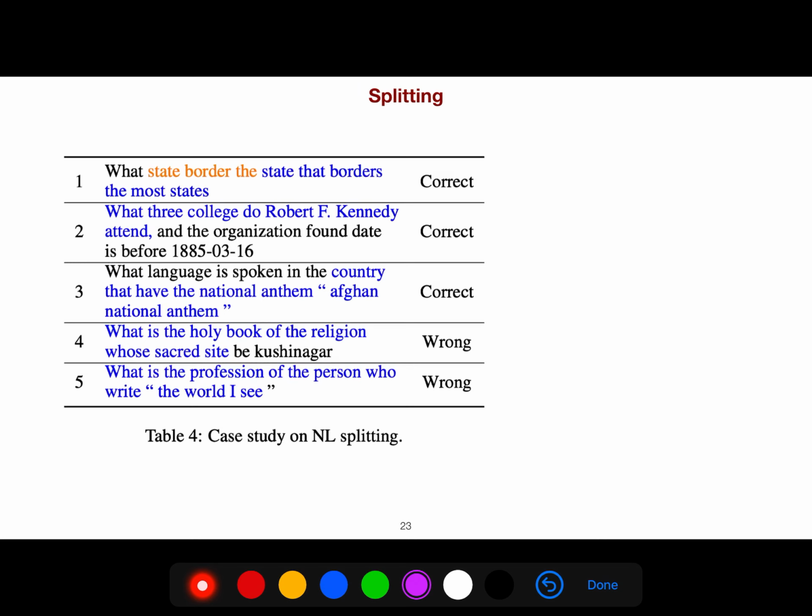So this is an example. You have a splitting, and some of these splittings are correct. Oh, by the way, somebody can write a paper about this, using the idea of human-computer interaction. Let's say they call it human-centered AI, artificial intelligence.